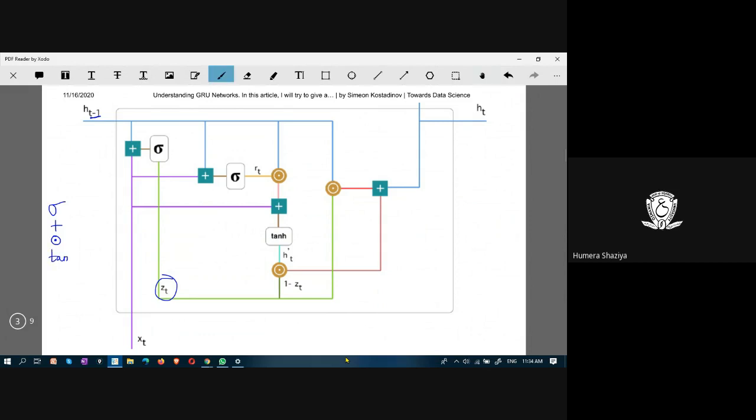Tanh. Sigmoid activation function output is between 0 and 1. Tanh output is between minus 1 and 1.